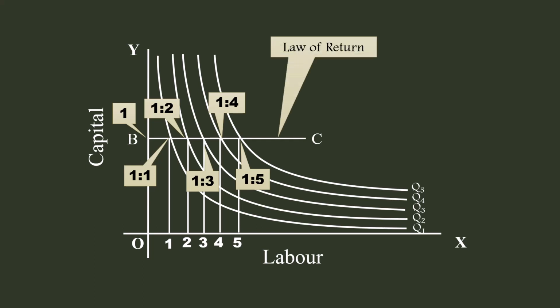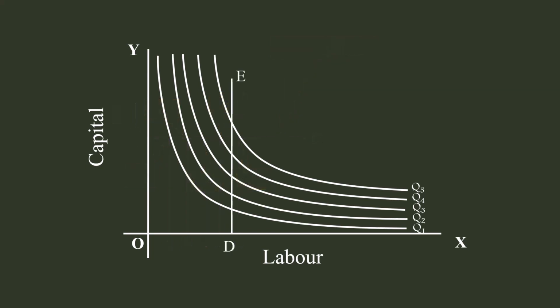Law of returns operates because one factor is kept constant and the other factor is increased, and thereby factor proportion changes. The same is true when he moves from isoquant Q1 to Q5 along the vertical line DE.